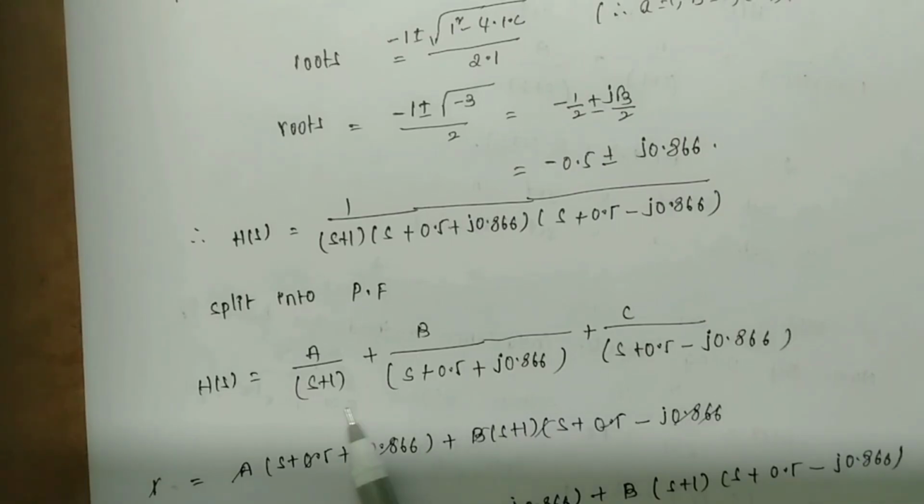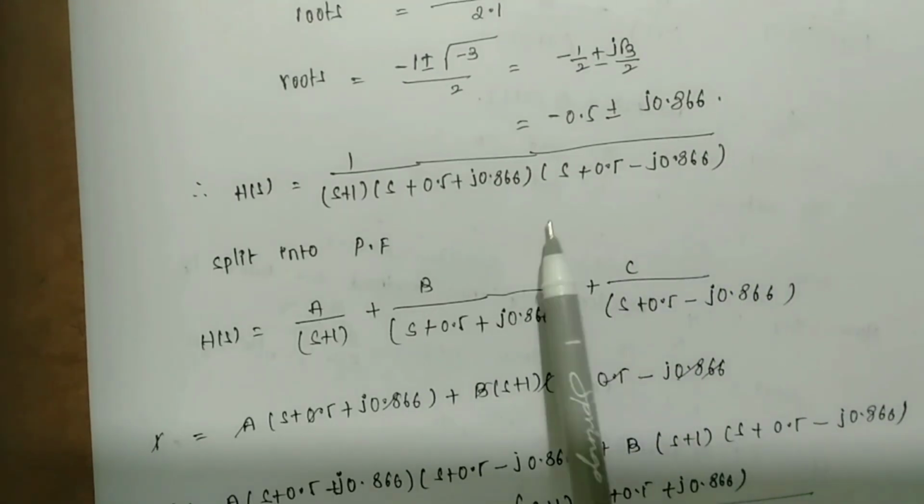I will split the equation into A/(s + 1) + B/(s + 0.5 + j0.866) + C/(s + 0.5 - j0.866). So I am applying first order partial fractions.